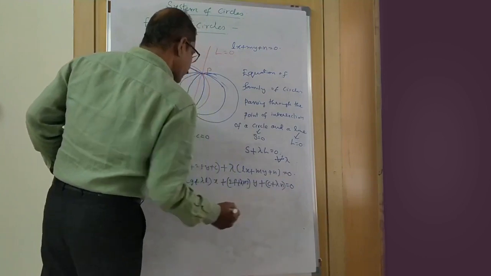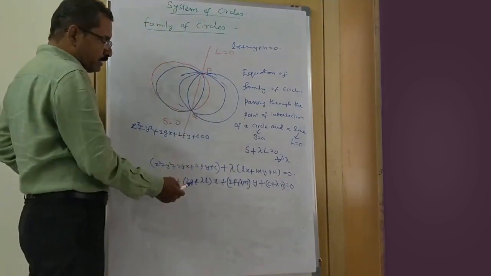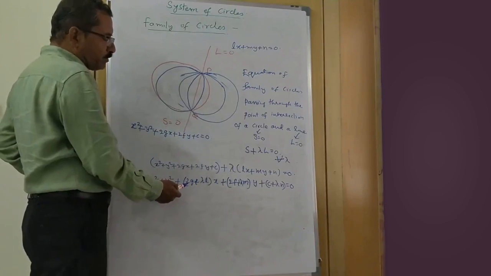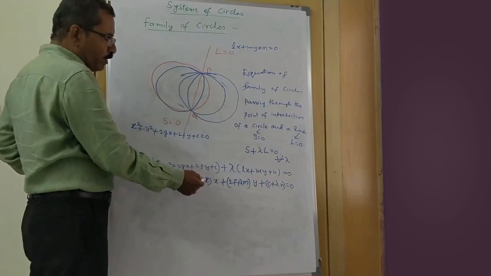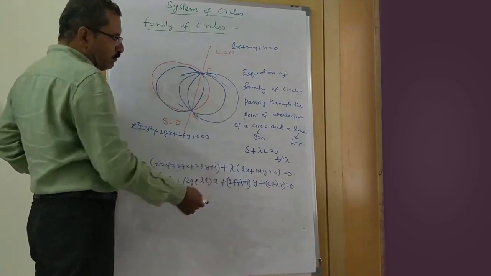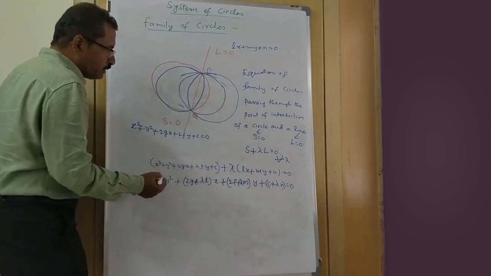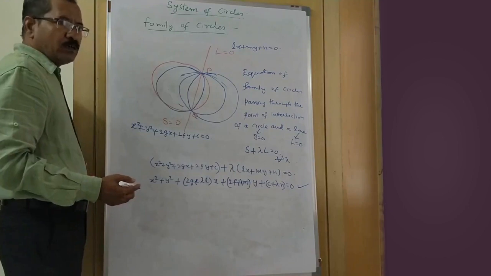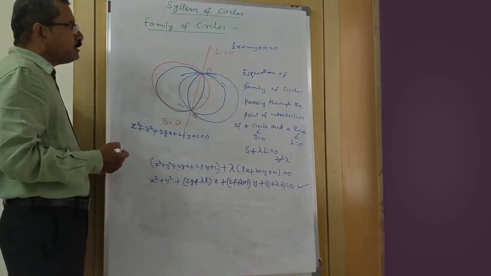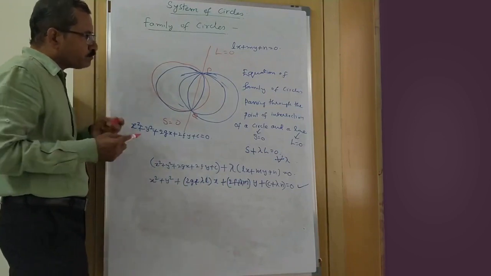The center of this circle is minus of (2g plus lambda L) by 2 comma minus of (2f plus lambda m) by 2. This also represents a circle equation. Okay, is it not?